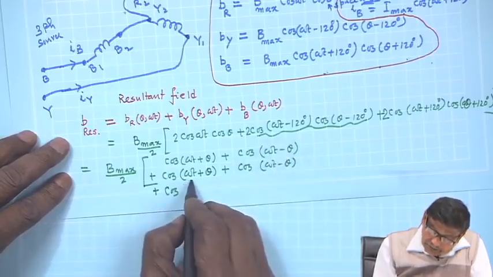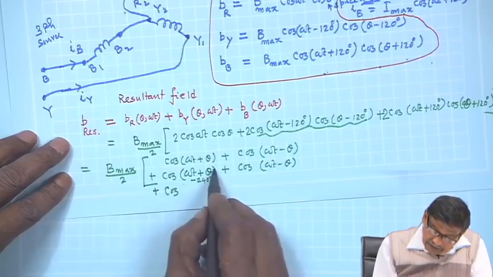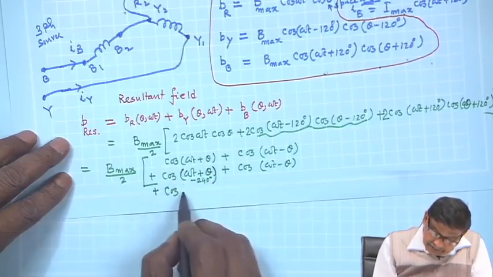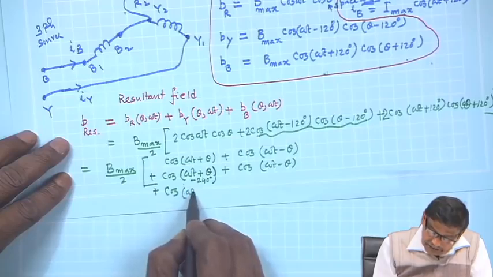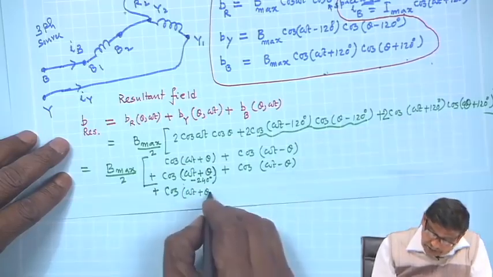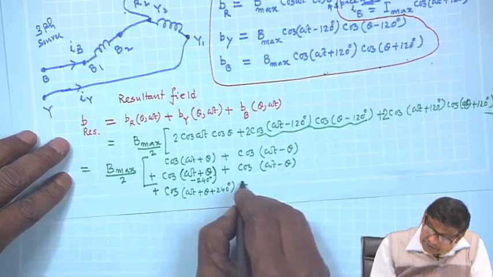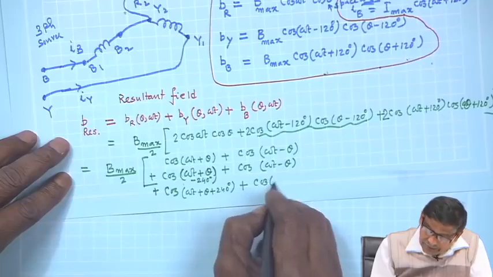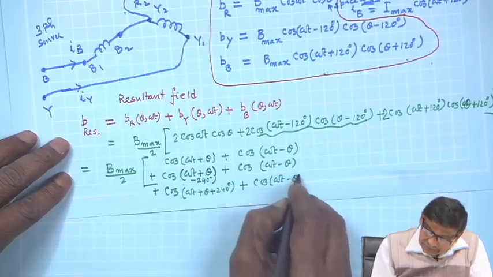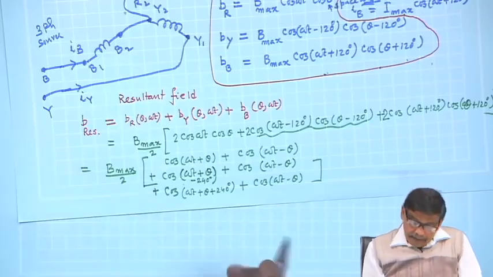It will be minus 240 degree, okay, this thing, and this is plus cos omega t plus theta plus 240 degree, and this will become plus cosine omega t minus theta. So, all the 6 terms are to be added.